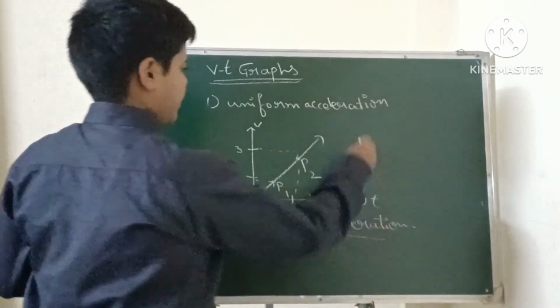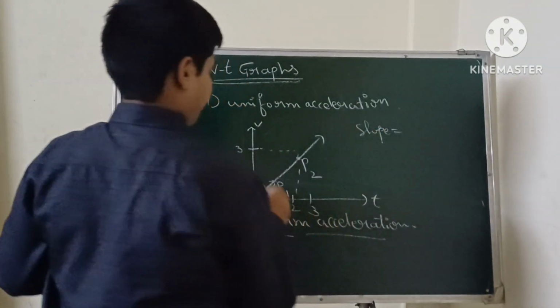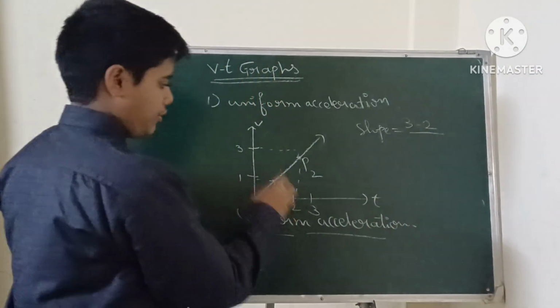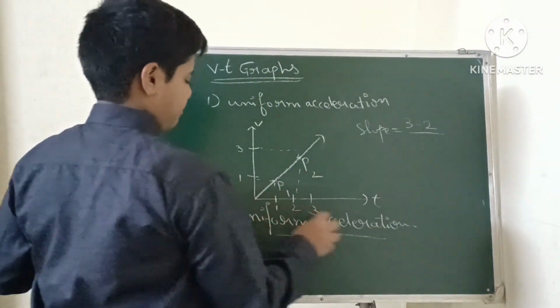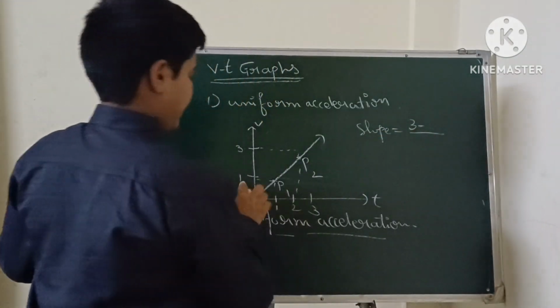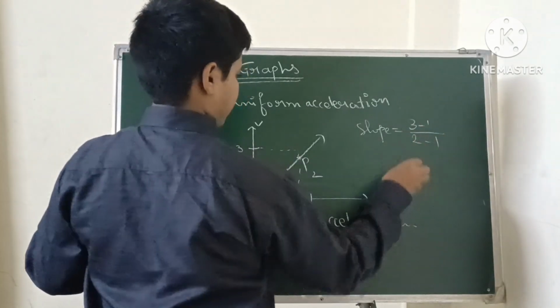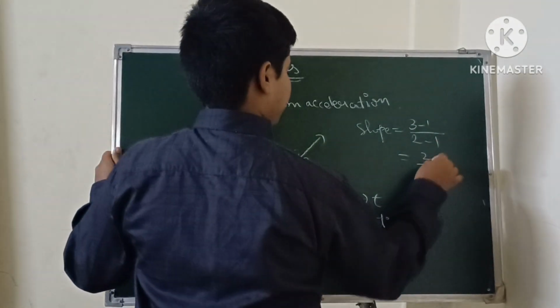If you see here, slope is y2 minus y1 by x2 minus x1. So 3 minus 1 by 2 minus 1. 3 minus 1 means 2, and 2 minus 1 means 1.